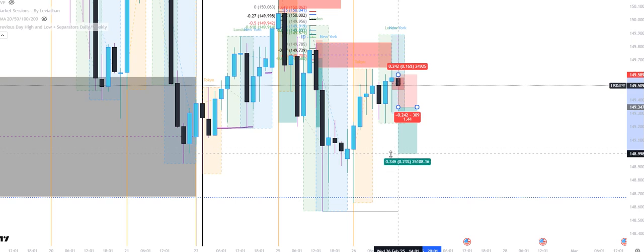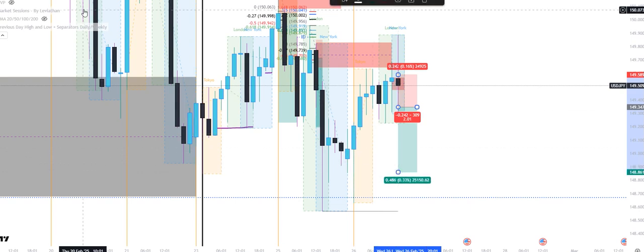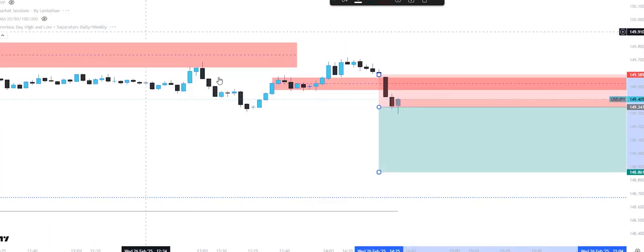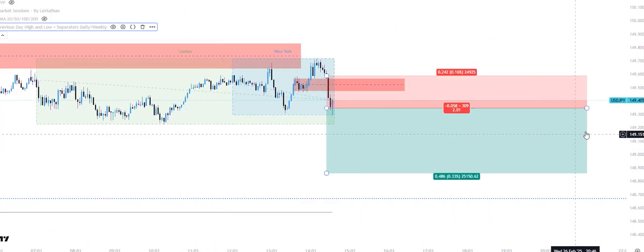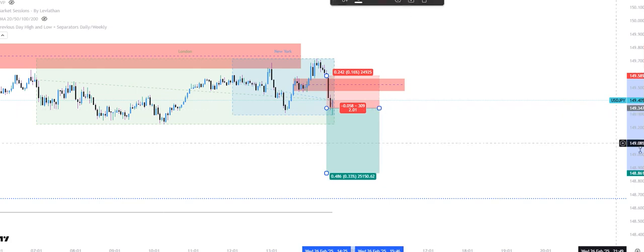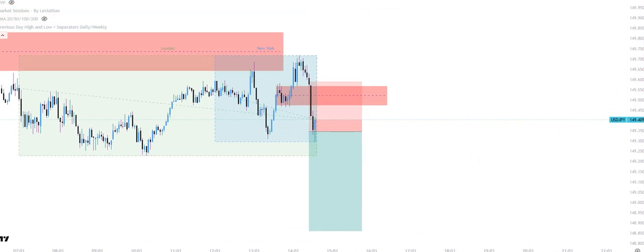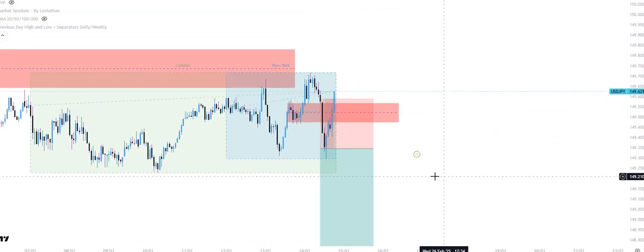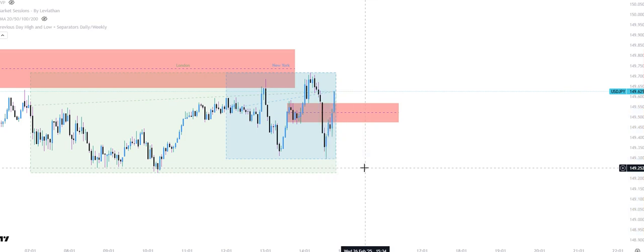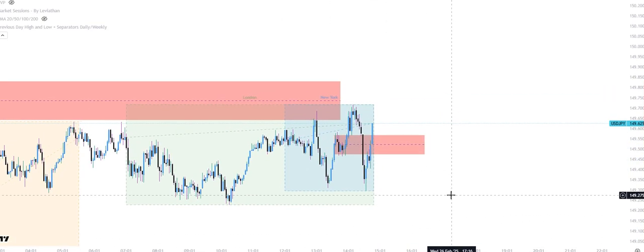Yeah, I don't like this one. 1:2 would be better. Let's see. Okay, unless it gives me a nice retest, then I can enter on the retest. Let's have a look. Okay, here we go. Yes. Okay, so I'll remove this, because I want the retest.